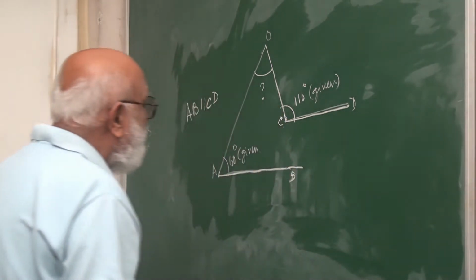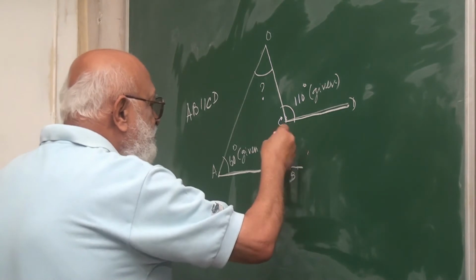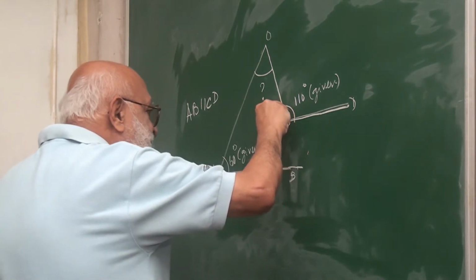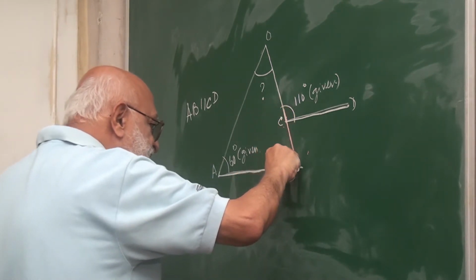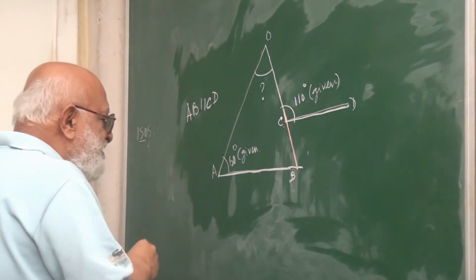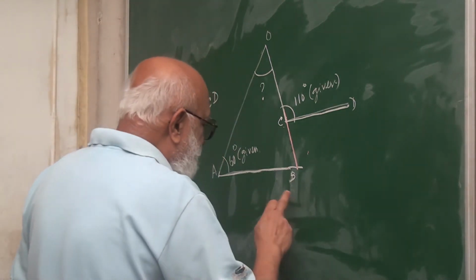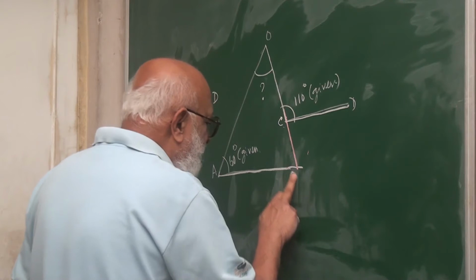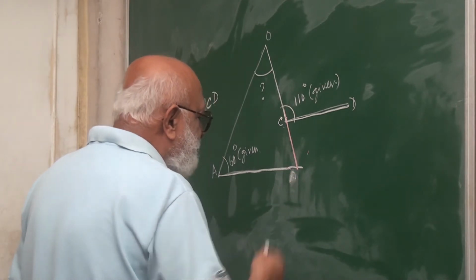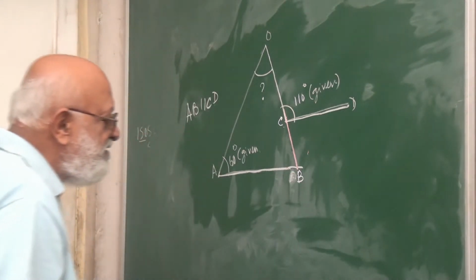That means I have to have a line which connects these two. So the best way to do it is to extend this so that it touches AB. Let us say it touches at B itself. Why worry and bring another point into it? So let us say it touches at B.